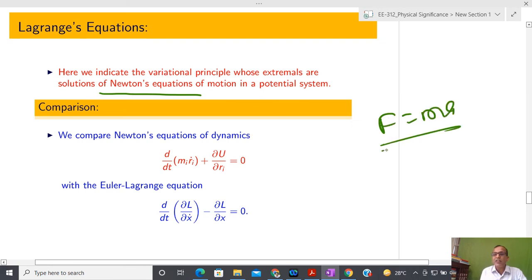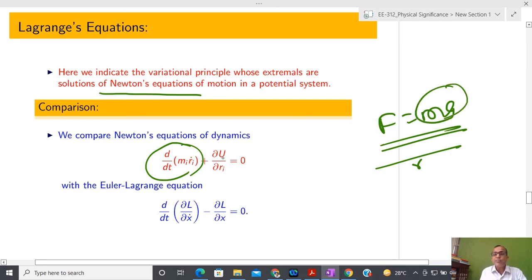Here I have written a similar thing: r you can assume is a position vector, r dot is the velocity vector, and m you can take as a constant. So this is nothing but force, or ma.